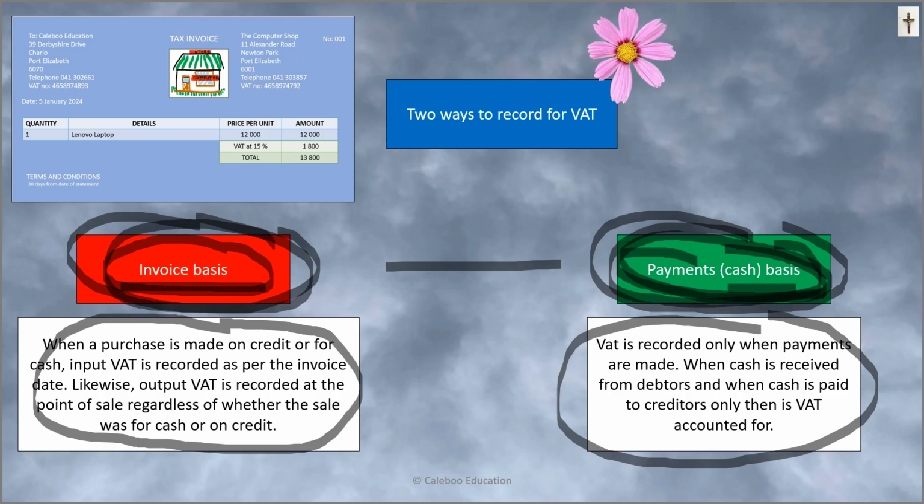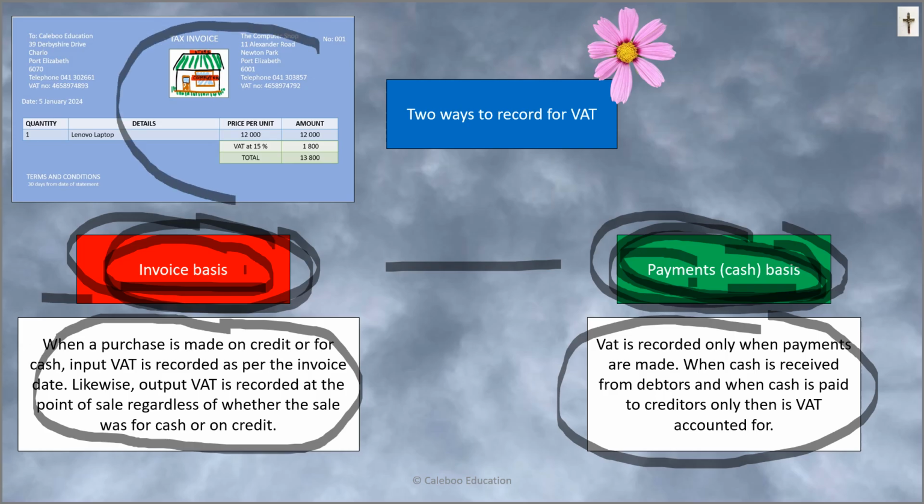So cash is received or cash is paid with the payments method. But by default, when you set up VAT in South Africa, the invoice basis method will be used.